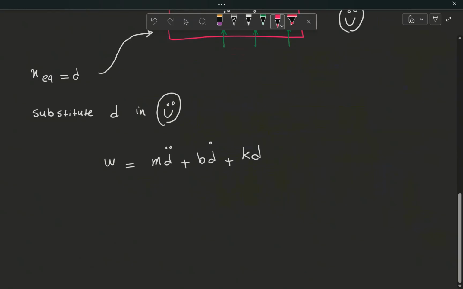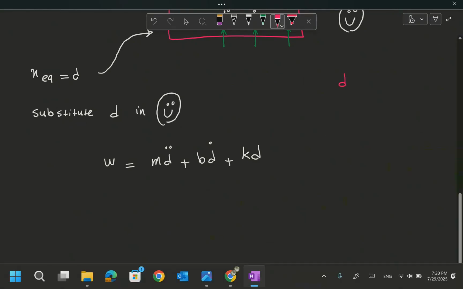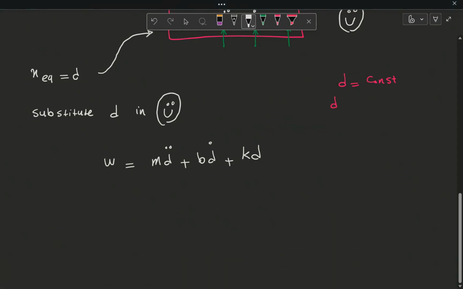So you guys tell me, d is a constant number, yes? It is a constant number. And if d is a constant number, what is going to be the time derivative of d? Well, if d is a constant number, the time derivative of d would be 0.